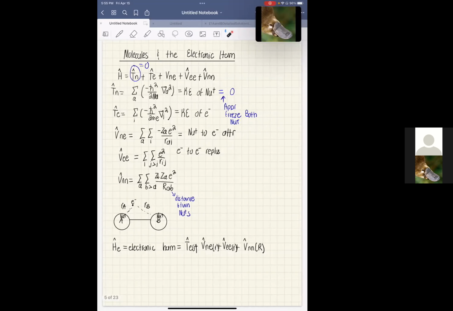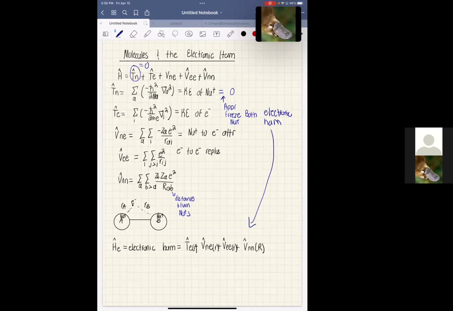For a diatomic molecule, which I colored down around here, we have the kinetic energy of the nuclei of both atoms attached to each other, and this is equal to 0 if you're talking about the electronic Hamiltonian, which is shown down here.